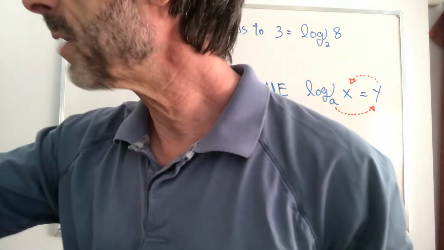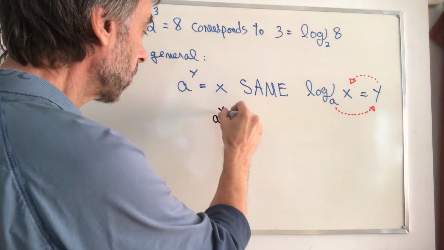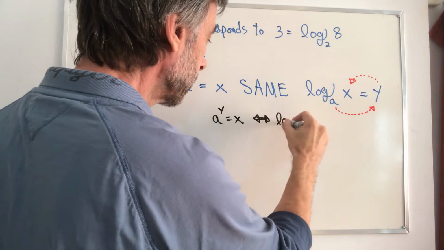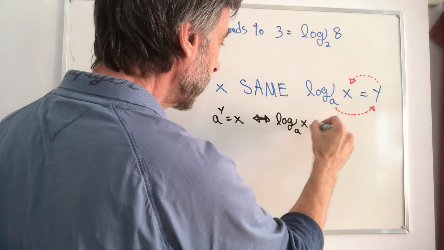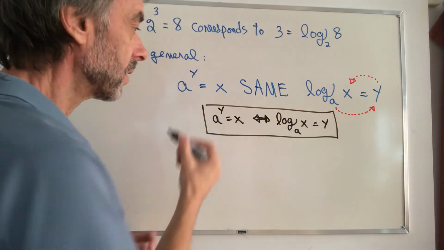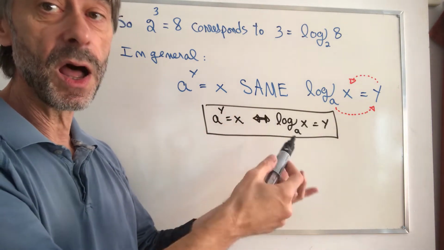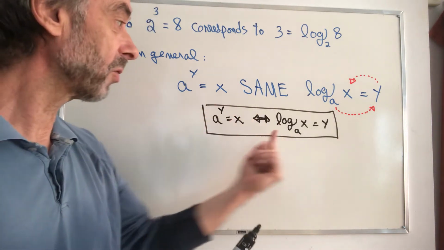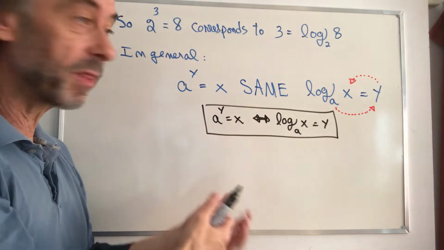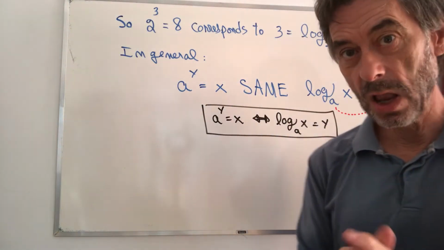Let's box this formula. a to the y equals x, same as log base a of x equals y. This is how one transforms an exponential into a log, or vice versa. We're going to be concerned more with going from right to left in order to evaluate different things. Okay, so that is the fundamental log connection.